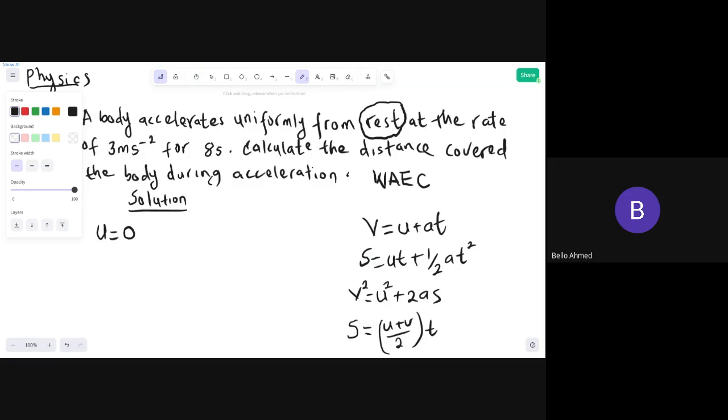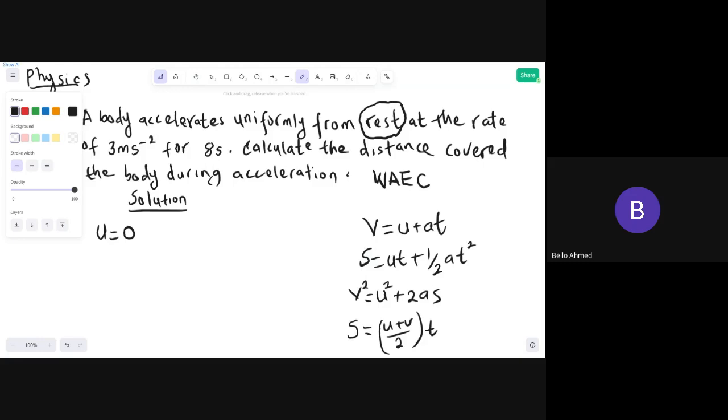If you don't know this, I don't think there's a way you'll be able to solve the problem, because your parameters will not be complete and you will be complaining. So anytime you see a body accelerate uniformly from rest, please quickly write that U equals 0. And what is the meaning of U? Initial velocity. Please take note of that.